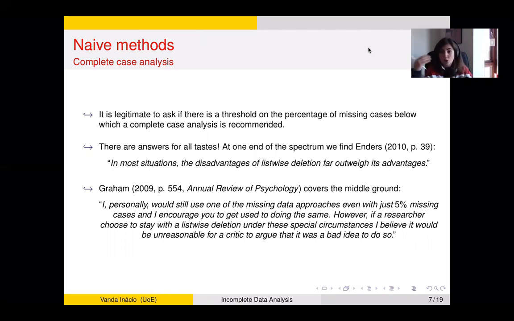They are maximum likelihood or multiple imputation, but he says that if a researcher chooses to use complete case analysis in the case he or she only has a data set with 5% or less missing values, then maybe we cannot criticize such options. So you see that two different answers to the same question. I think at the end it's up to us. Of course, if we have a lot of missing values, it's clearly not a good approach. If we only have a few missing values, also depending on where they occur in the data set, maybe we can go with a complete case analysis approach.